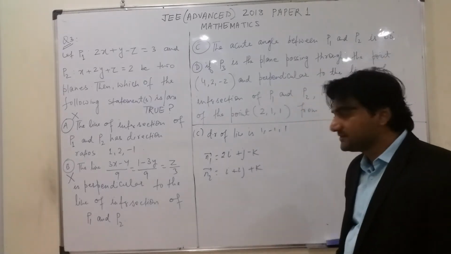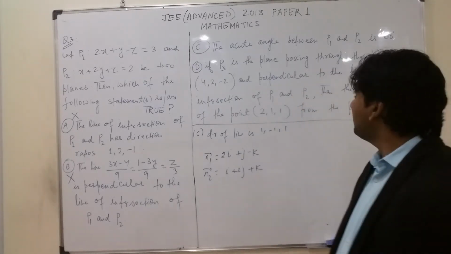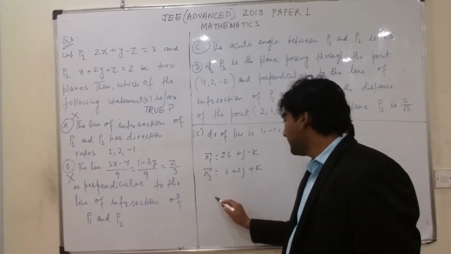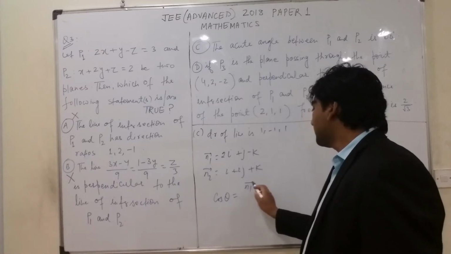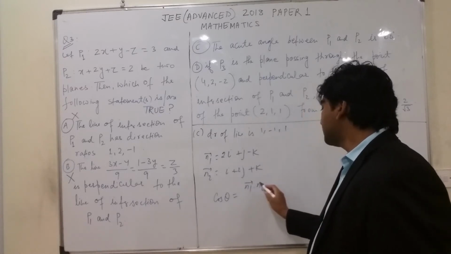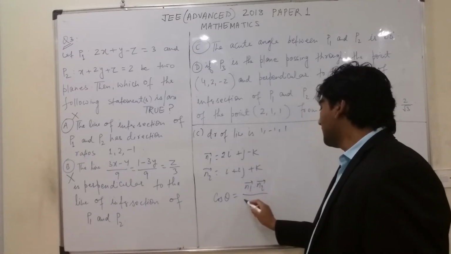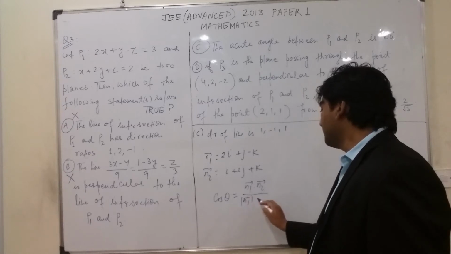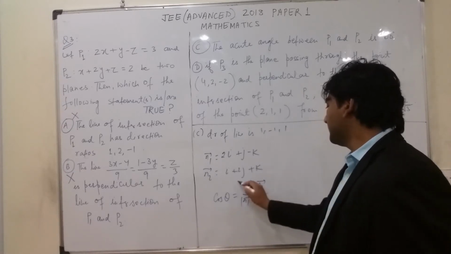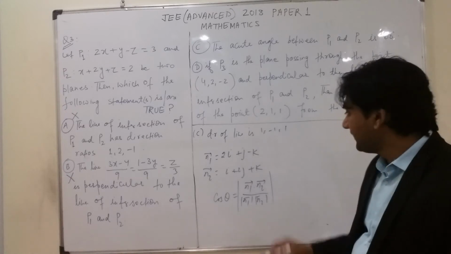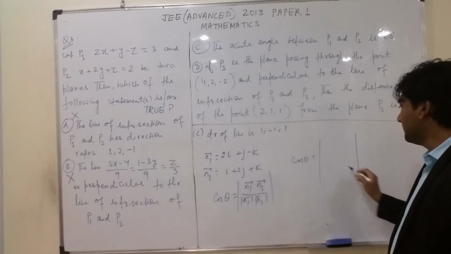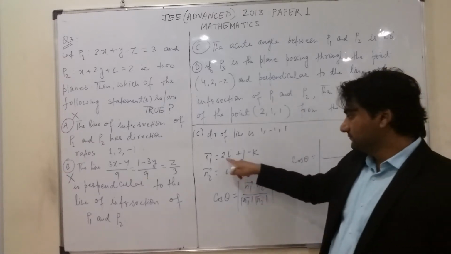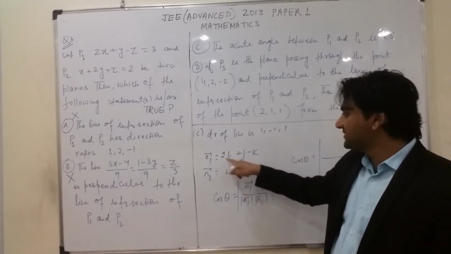We have two normals, N1 and N2. The angle between two planes means the angle between their normals. So cos theta equals mod of N1 dot N2 over mod N1 times mod N2, the whole mod for the acute angle. N1 dot N2 means 2i dot i.